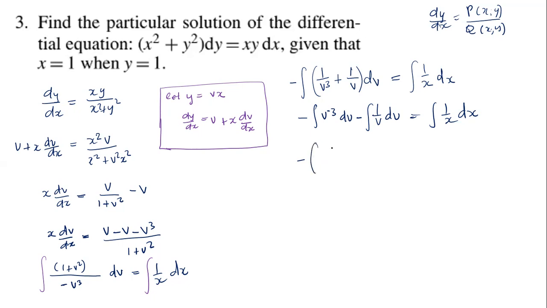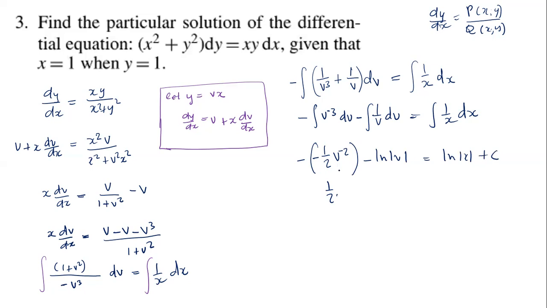So that means we're going to have a negative. Okay, let me do this so that I can take this negative outside of there. So this plus 1 is going to give us -2. So we're going to have -1 over 2 v to the power of -2, I think, right? Yes, it's going to be -2, close bracket, and then this one is just going to have negative ln of v, which will be equal to ln of x plus c. Therefore, we're going to have positive there, which is 1 over 2 v squared, right?